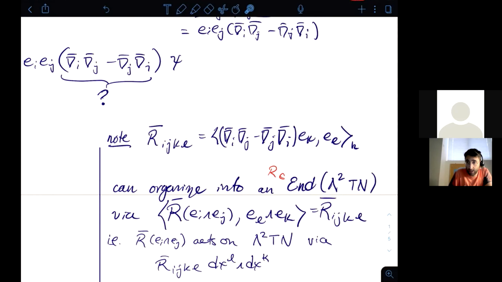And you define it in the following way. Well, you want to say, okay, what kind of form does R bar of EI wedge EJ give me? Well, I will tell you the EL wedge EK-th part of it. And that is the number that we're used to, the R IJKL. Notice the reversal of the LK.